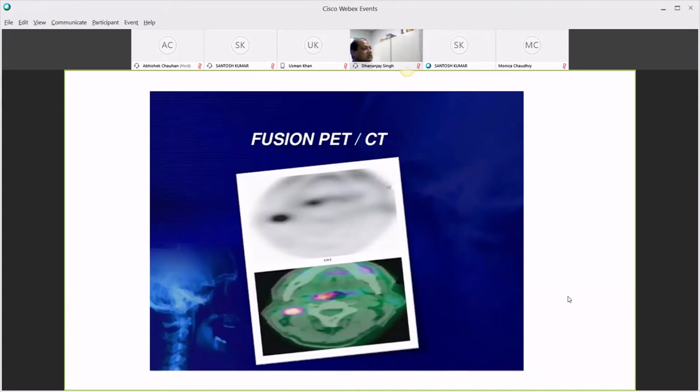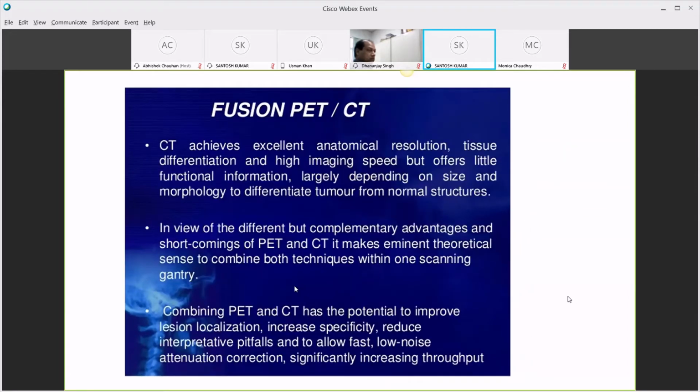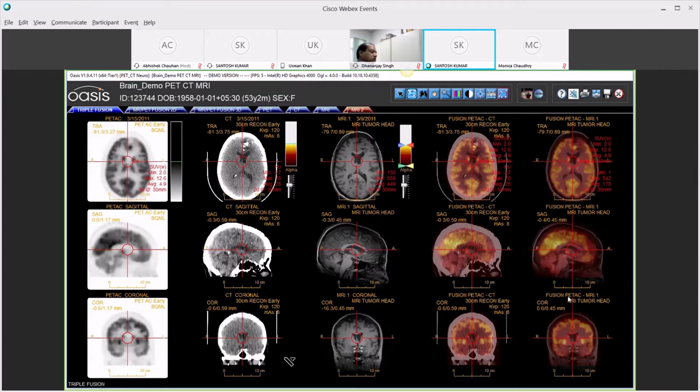So there must be multimodality fusions. I just want to show you another thing, one application.